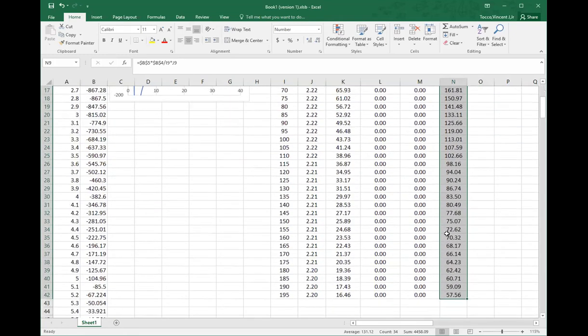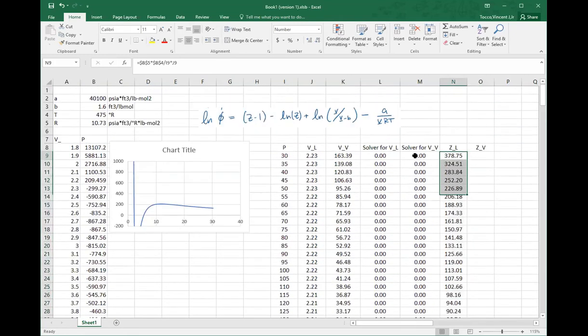And I should see that, what did I do wrong here? RT divided by PV. No, it's PV over RT. Yep, that is my mistake. So I realized I made a mistake there because I double checked in my own head. As P decreases, oh, P is still 30 PSI. My compressibility should be going to 1. PV. Oh, for a gas. This is for liquid.